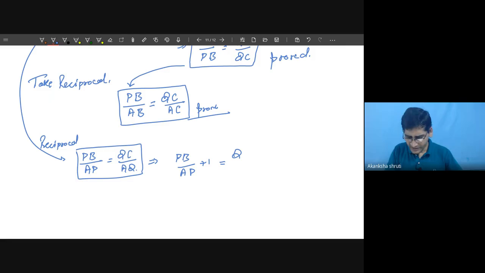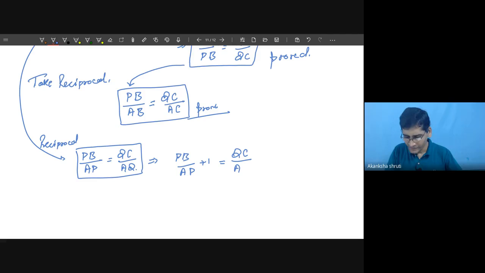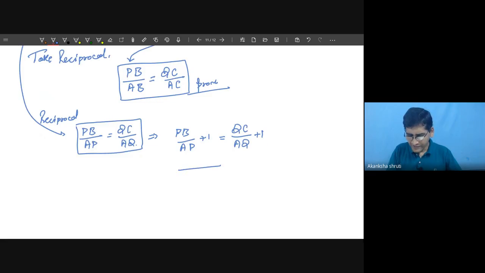So this is the trick or skill that we have to keep in mind. For adjusting this ratio, we have to apply the componendo, either first by taking the reciprocal, then adding 1 on both sides, or first adding 1 on both sides, then taking the reciprocal as it is required. So adding 1 on the left hand side, we are able to get PB plus AP, equals, again AQ will be in the denominator, QC plus AQ.